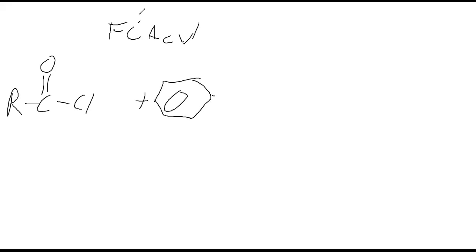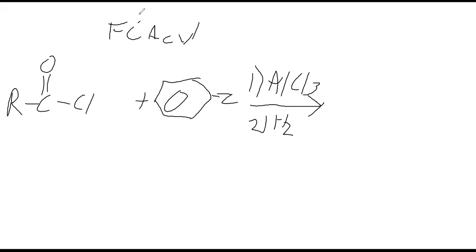Now, this is another one. The last reaction, and this is one we've also covered, not anything new. Friedel-Crafts acylation. So, FC acyl. What was that? Our acid chloride plus some sort of substituted benzene. As long as it's ortho-para substituted, we used aluminum trichloride and then water to help kick it off at the end.